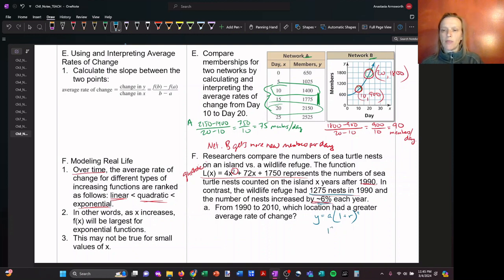So I'm going to start with 1,275 nests, and I've got to add 6%, and 6% is 0.06, raised to the t power.